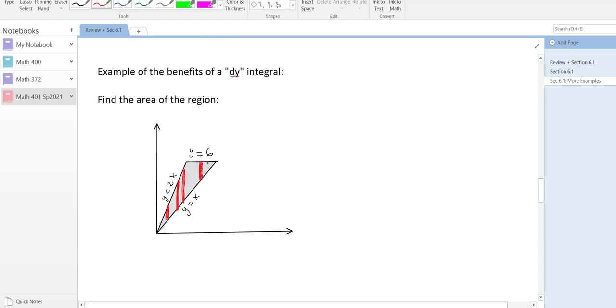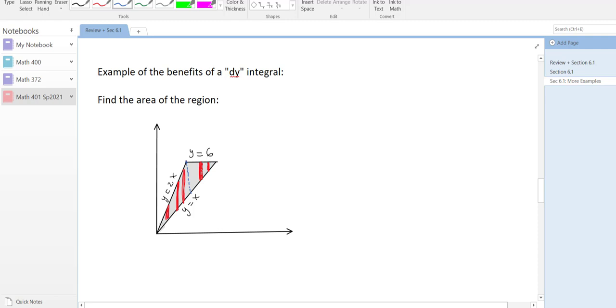Whereas for any rectangles in this region, the top function is y equals 6, so it will be 6 minus x. That means I'm going to need two integrals, and the split point happens here.